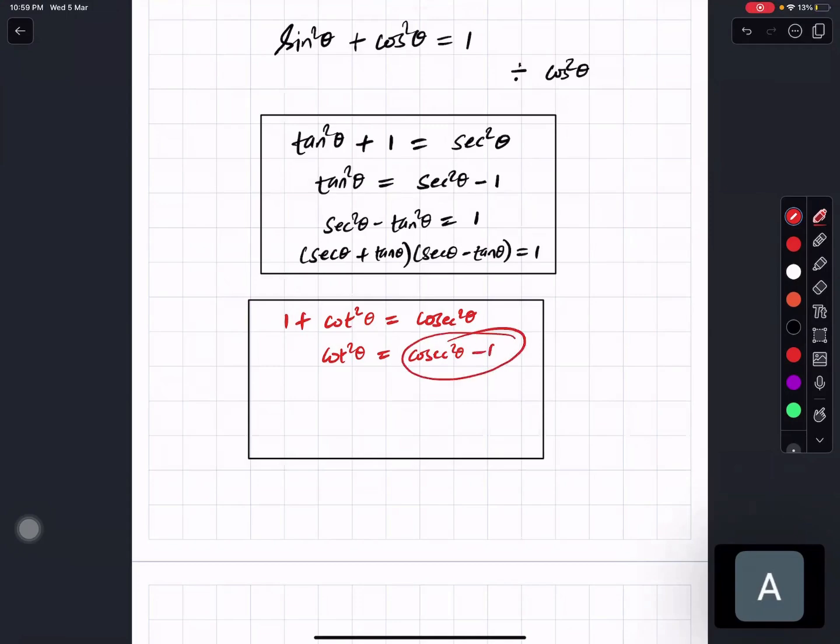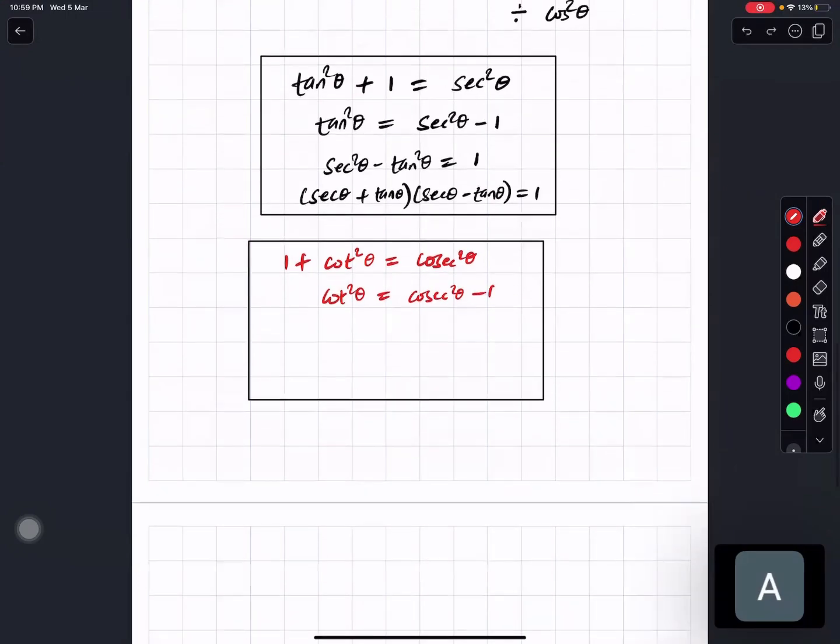You can even factorize this. If you remember the original formula, then you will understand all the forms of it. And again, I can say that cosec squared theta minus cot squared theta will be equal to 1, which leaves us cosec theta plus cot theta into cosec theta minus cot theta is equal to 1.